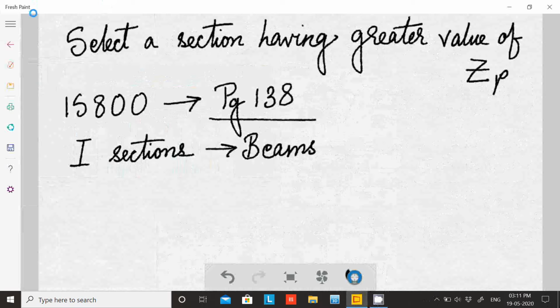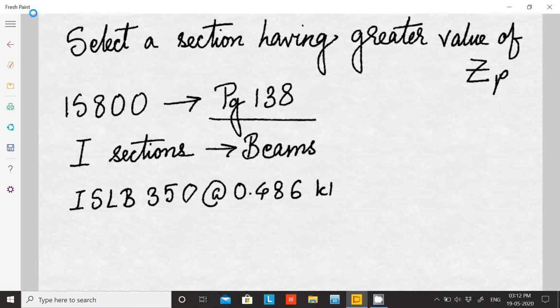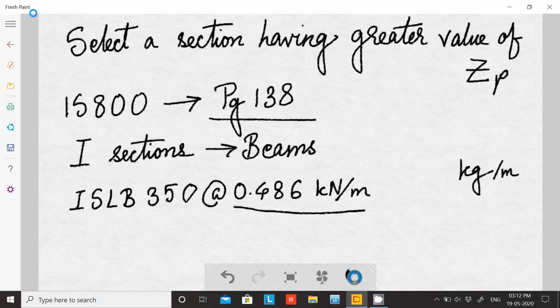From the table on the back side, from page number 138 onwards, we see that if we take ISLB 350 at 0.486 kilonewton per meter. Sometimes it is given in the form of kg per meter, so you have to just convert it into kilonewton per meter: kg to newton, then to kilonewton.